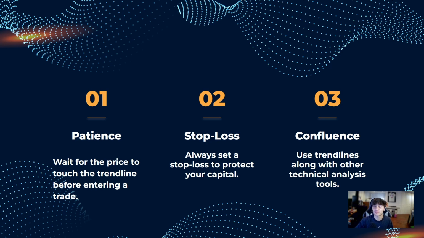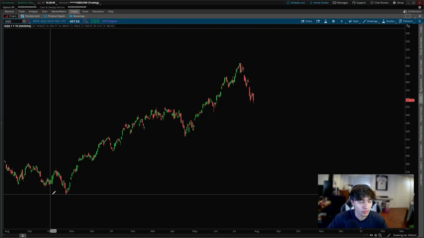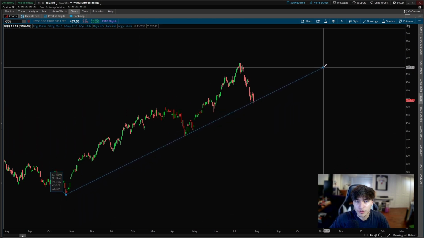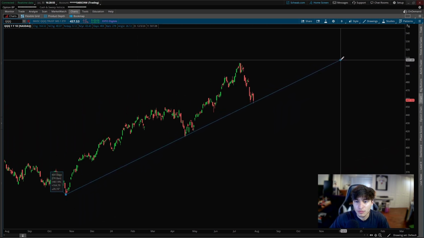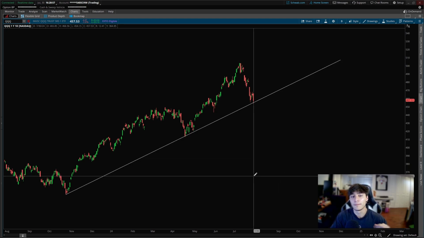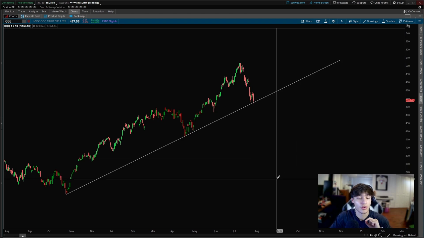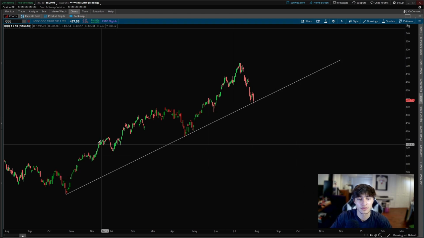Number 3, confluence. Using trend lines along with other technical analysis tools can be very, very beneficial. For example, we have the trend line here. This was our first example, right? We have our trend line, but what is our other technical analysis?